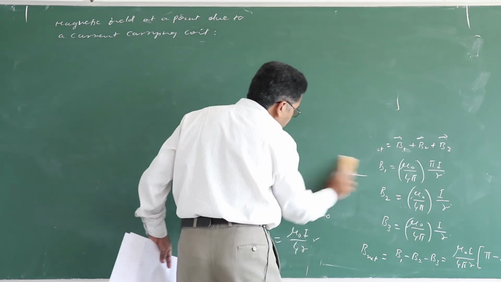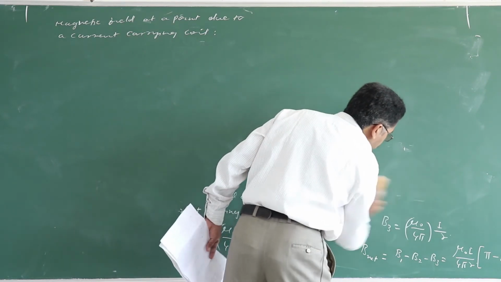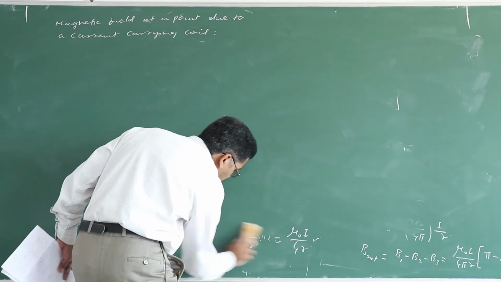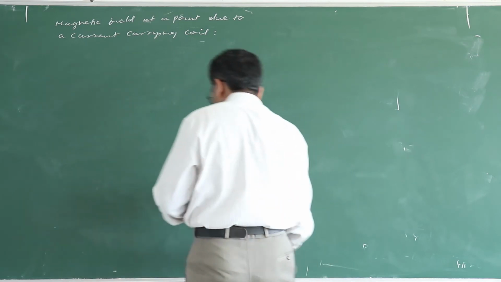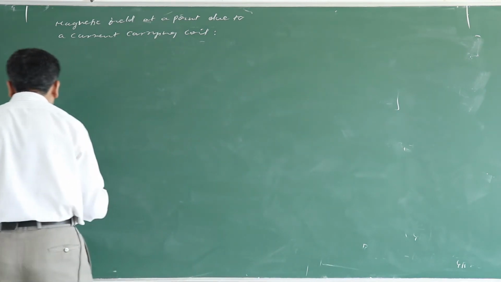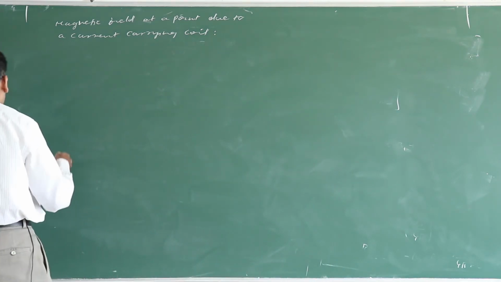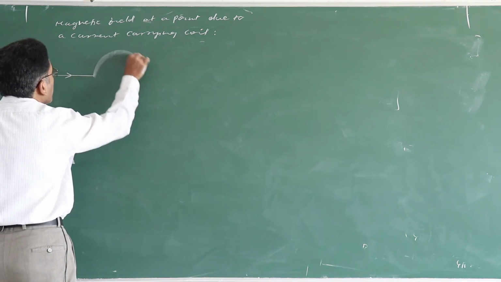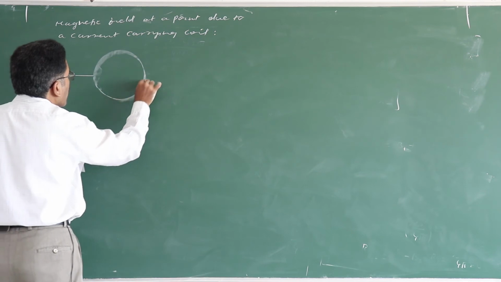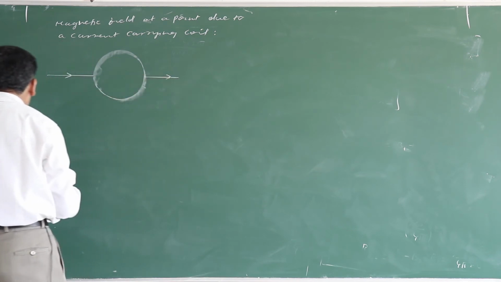Let us consider a few more examples related to current flowing in a coil and a straight wire. Okay, combination of both, so that you can clearly understand this. So we have a wire, current flowing like this.